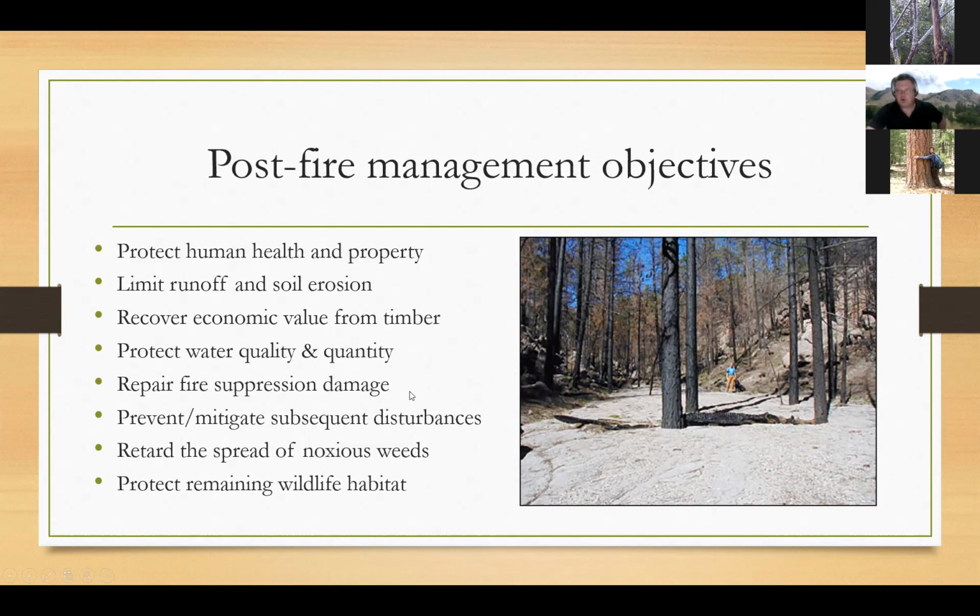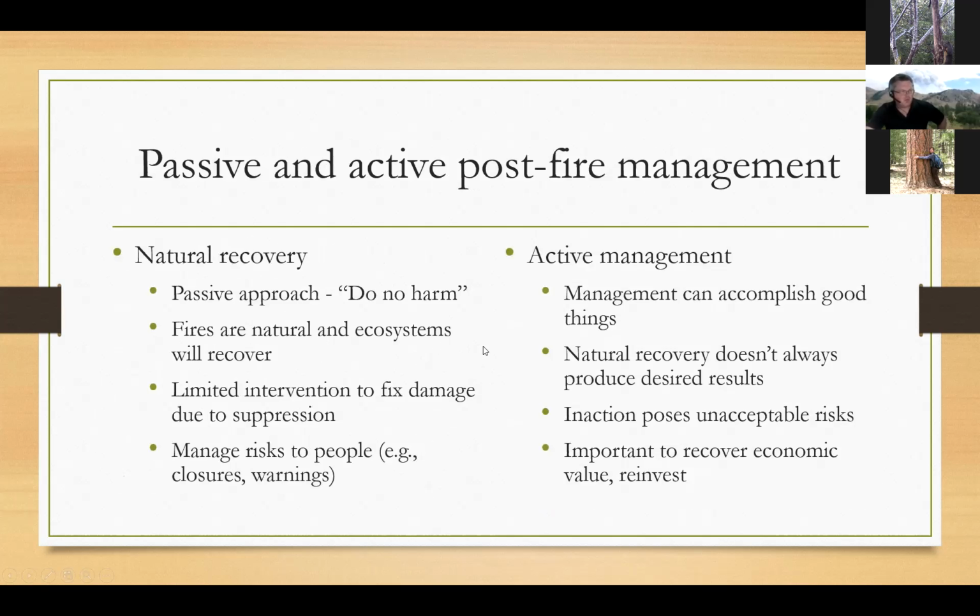We often want to repair fire suppression damage. Bulldozers tend to make a mess. If we can anticipate some of these subsequent disturbances, they may be things that we want to mitigate or prevent. Noxious weeds or exotic species in general can spread after disturbances. And particularly in the case of things like spotted owl habitat, if we lose some habitat, we want to work extra hard to protect what's left. In other cases, we may want to protect the new habitat that's just been formed.